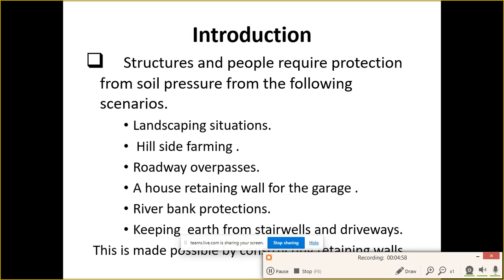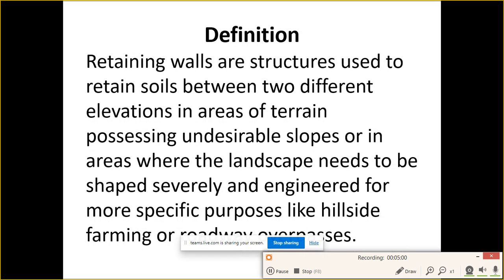That structure is what we refer to as a retaining wall.